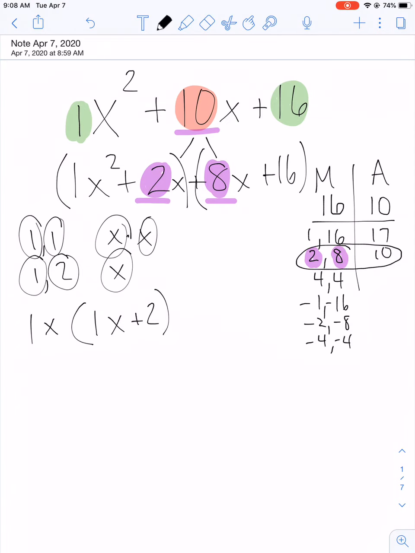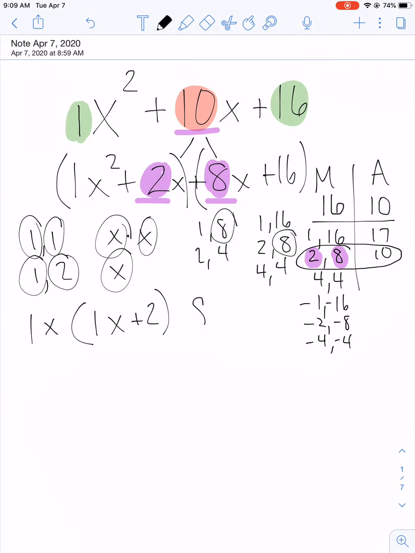Now we want to go ahead and list the numbers that multiply to be 8. 1 and 8, 2 and 4, and the numbers that multiply to be 16. 1, 16, 2, 8, 4, and 4. And again, we want to find the biggest number they both have. Well, I see an 8.